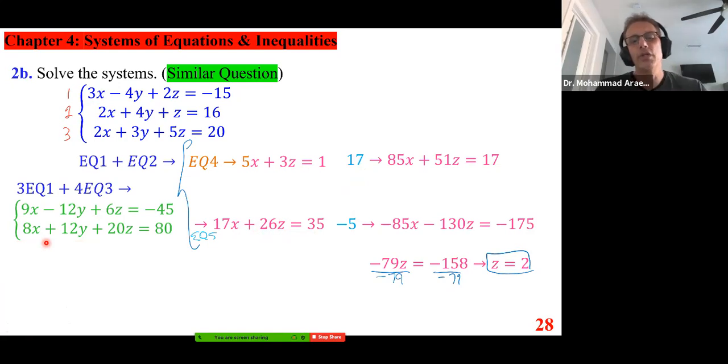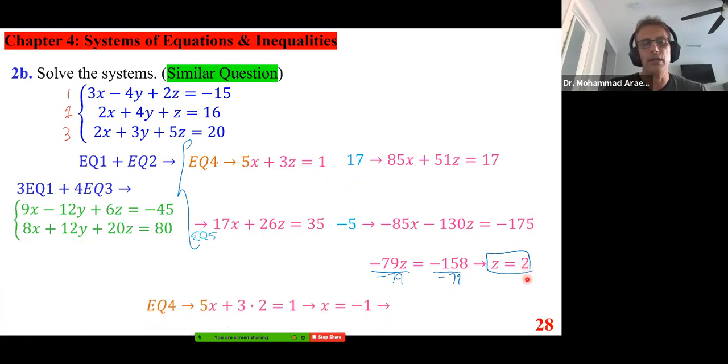Okay, and so equation number 4, 5 times x, which we don't have, plus 3 times z, which we have to be 2, equals 1. Okay, and of course this is 6. You take it to the other side, becomes minus 5, divided by 5, x becomes negative 1.